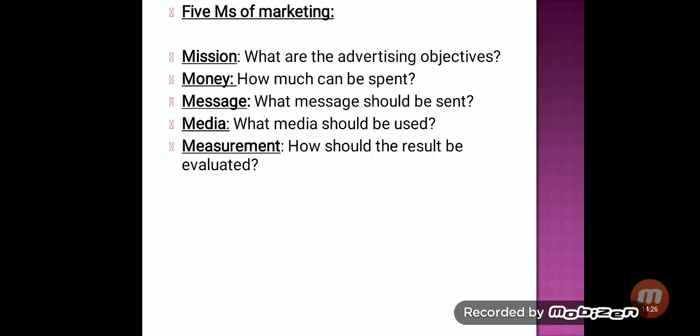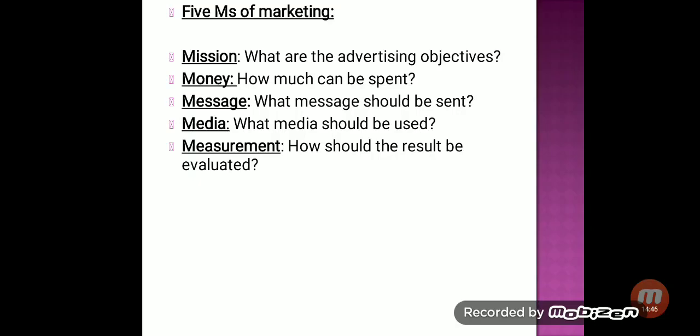And last, measurement. How should the result be evaluated? Advertisement is a time consuming and expensive process. So after the advertisement campaign, the advertiser is eager to know the result.